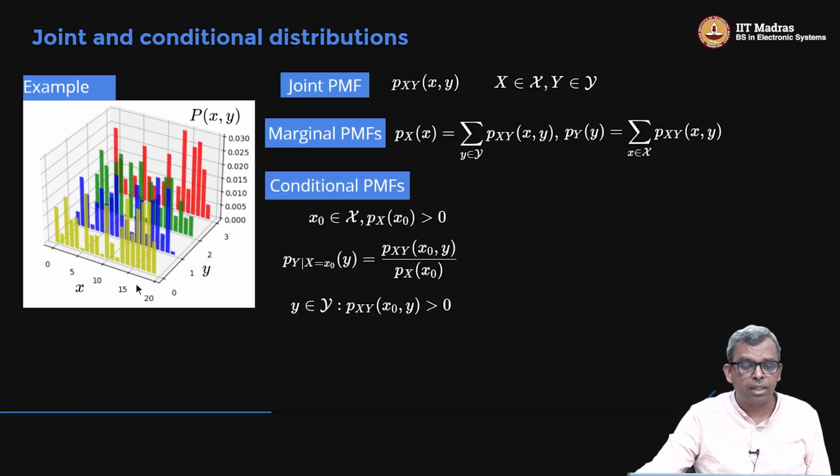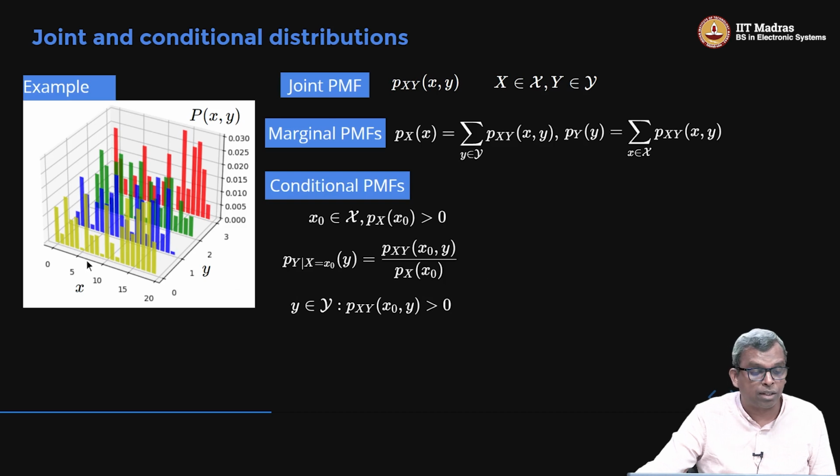What about conditional? You pick one particular value x naught, and of course the probability of that has to be greater than 0. The conditional distribution of y given x equals x naught is defined as the joint PMF of x naught comma y divided by the marginal of x.